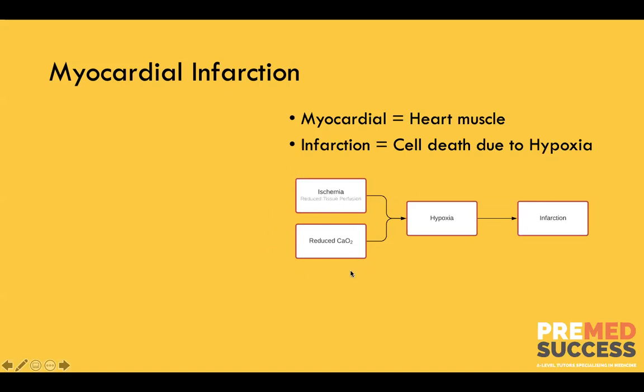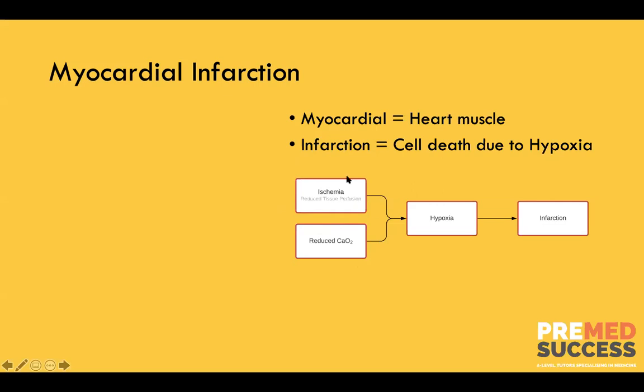So both of these, the way that they're grouped here vertically, are issues with supply, either supply of oxygen to the blood or supply of blood to the tissue. Ischemia is a reduced blood supply to the tissue. So these are both problems with supply. And either of these problems will cause low oxygen levels, which is hypoxia. And eventually, if hypoxia is allowed to carry on long enough, it will cause cell death, which is infarction.